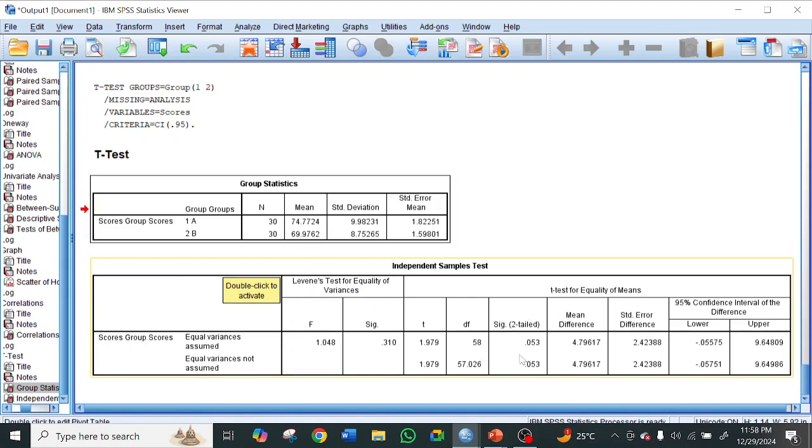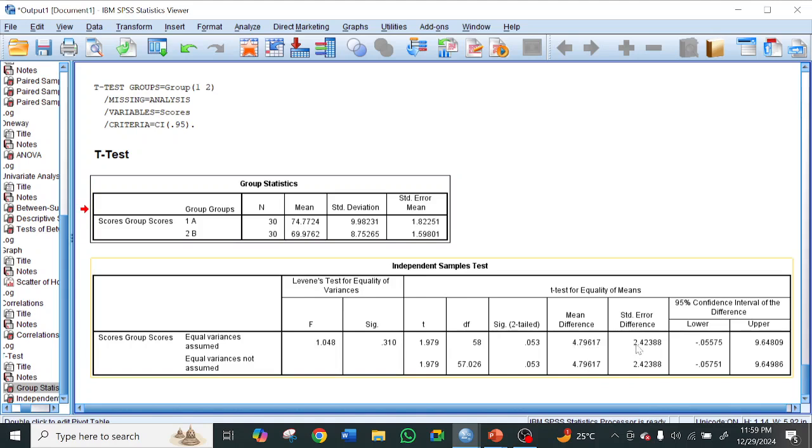Now this is the significance level, two-tailed, 0.053 for the t-test that we are talking about here. Now this is the mean difference, which we have talked about before. That is to say, the mean of group A minus the mean of group B gives us 4.79617.